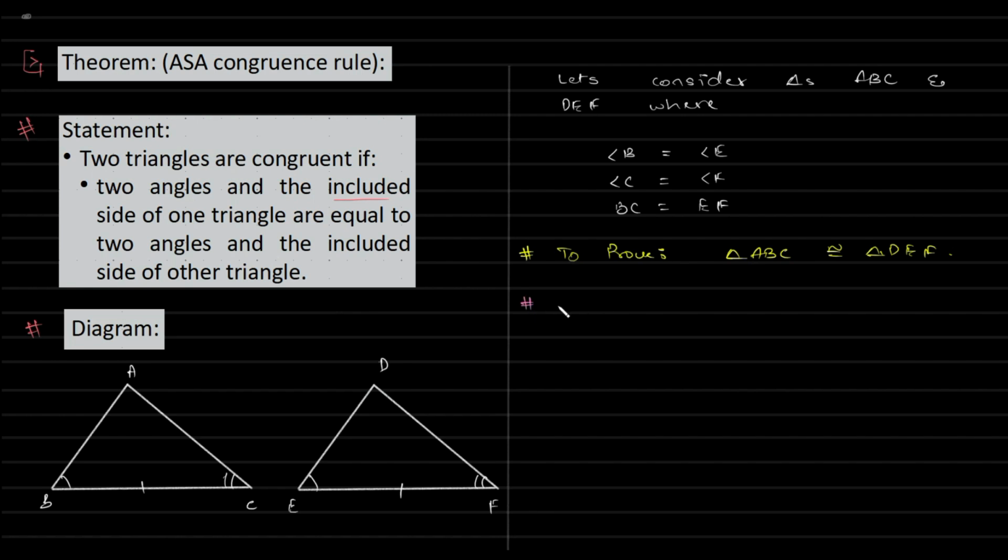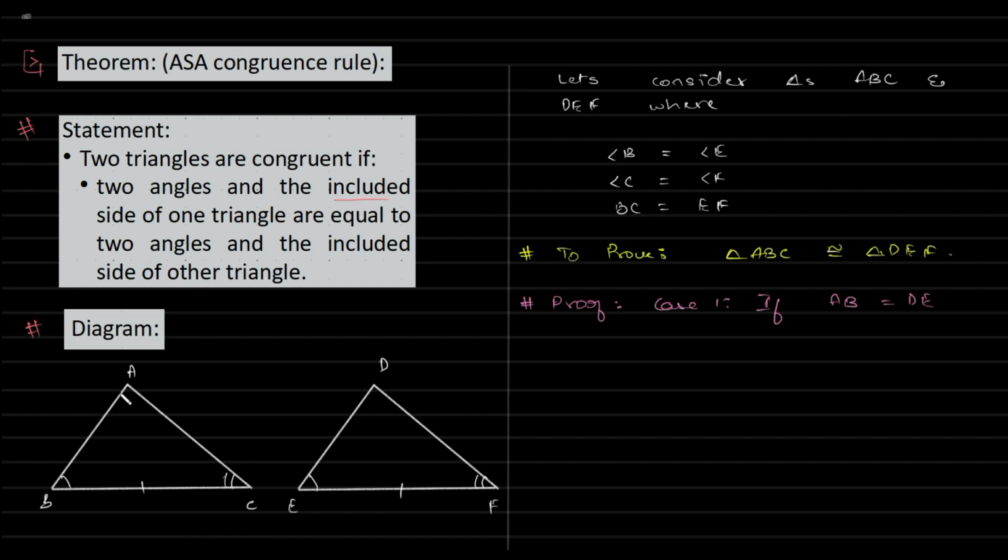We need to do it case by case. So the first case is if AB is equal to DE. What we are going to do is fix the two pairs of angles that are equal and the sides that are equal, but we don't know much about the other sides.